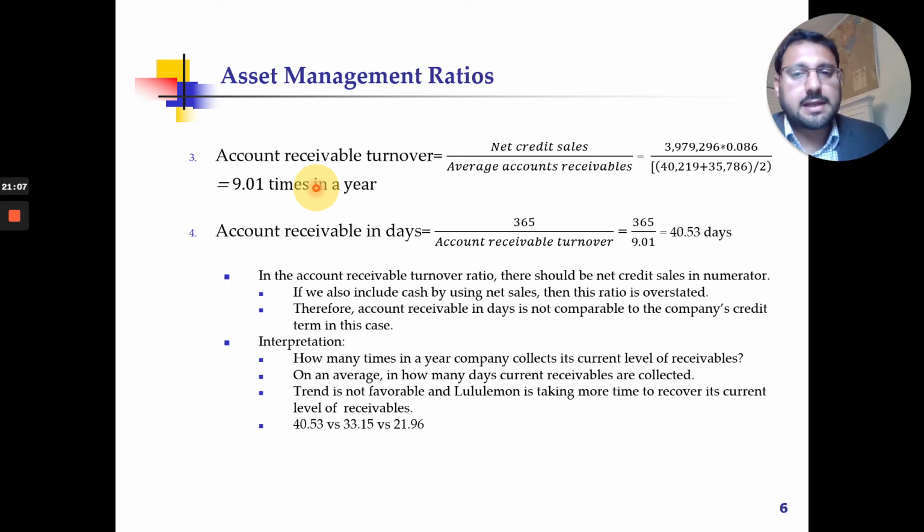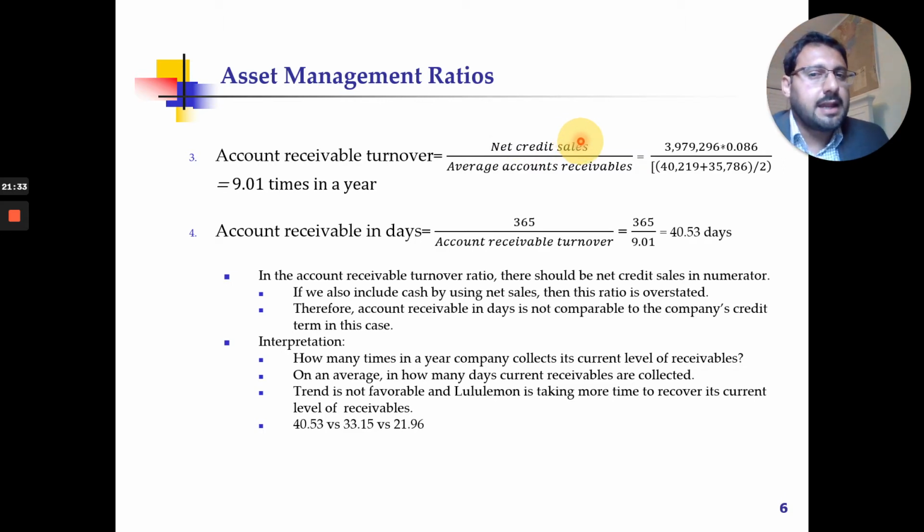But in that case you cannot compare the company's credit term with this ratio. For example, let me explain account receivable in days. Simply, if you divide 365 by the account receivable turnover, it shows you 40.53 days. Now, because I am using the net credit sales, I'm fulfilling the true purpose of this ratio.